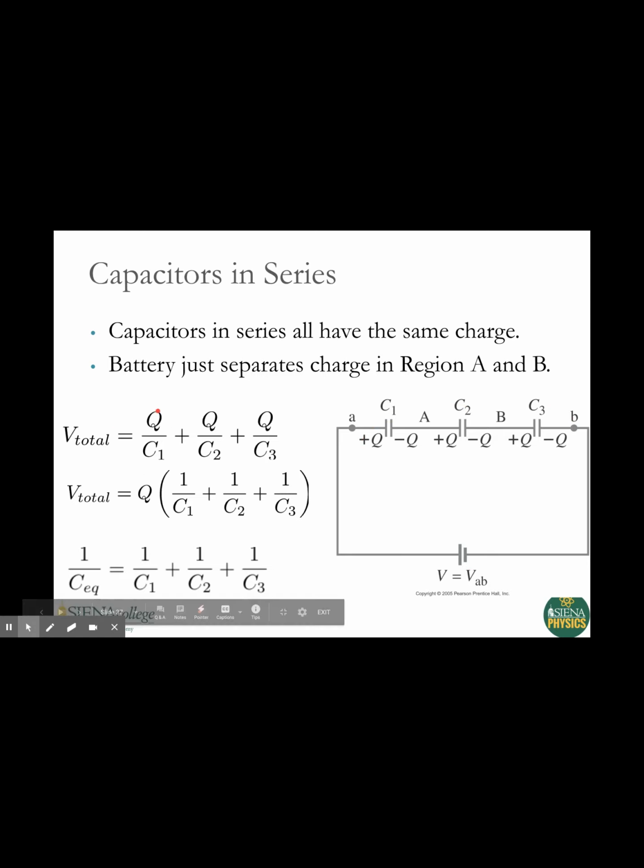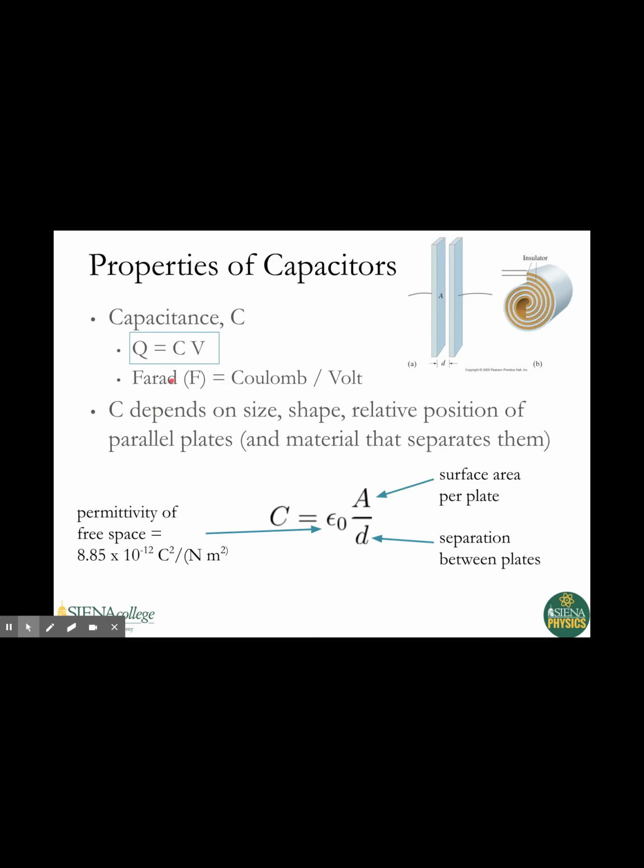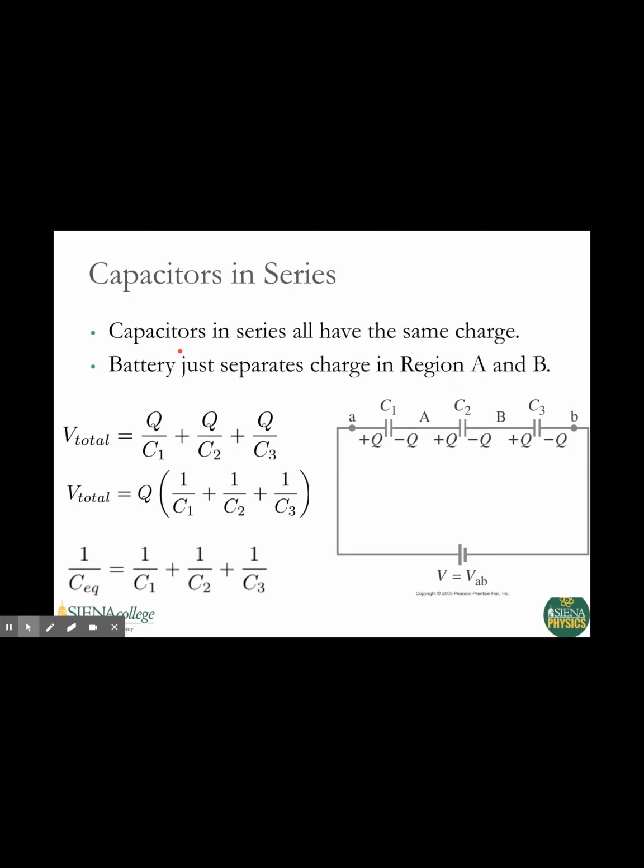Remember, I'm using this equation right here: if I'm looking for voltage, I'm going to have Q over C. So that's Q over C1 plus Q over C2 plus Q over C3. If I factor out the Q, then I'm going to have 1 over C1 plus 1 over C2 plus 1 over C3. When I redraw this circuit with just one capacitor representing all three of these, the equivalent capacitance is going to be the reciprocal. So 1 over C equivalent is equal to 1 over C1 plus 1 over C2 plus 1 over C3.